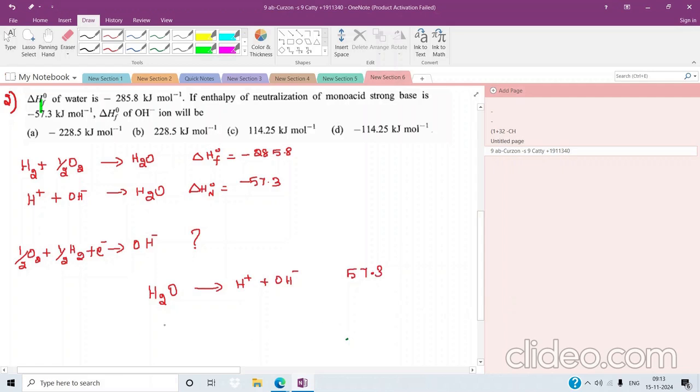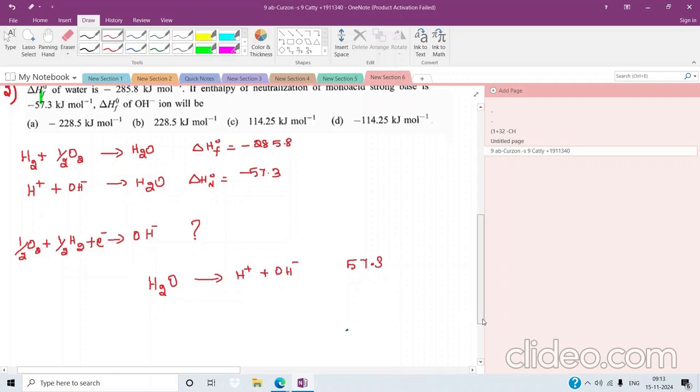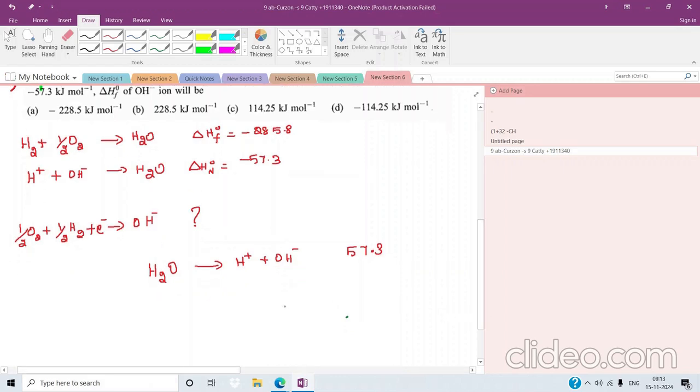Okay, and then the second thing: OH minus, I have got, but here H plus is there. H plus should be cancelled out, right? If H plus is on the left hand side, then only it will be cancelled out. But H plus is only in the neutralization equation. So I need another equation that contains H plus on the left hand side.